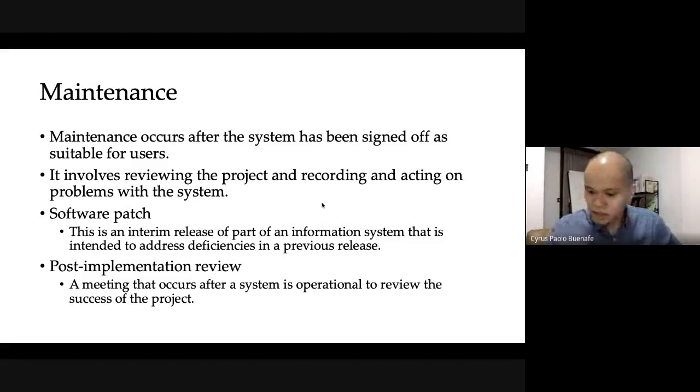Now, are these things something that you want to consider at the design stage? Well, the thing with maintenance is that you're not going to design during the design phase things related to the patch because these things will only crop up after you've actually implemented it, right?